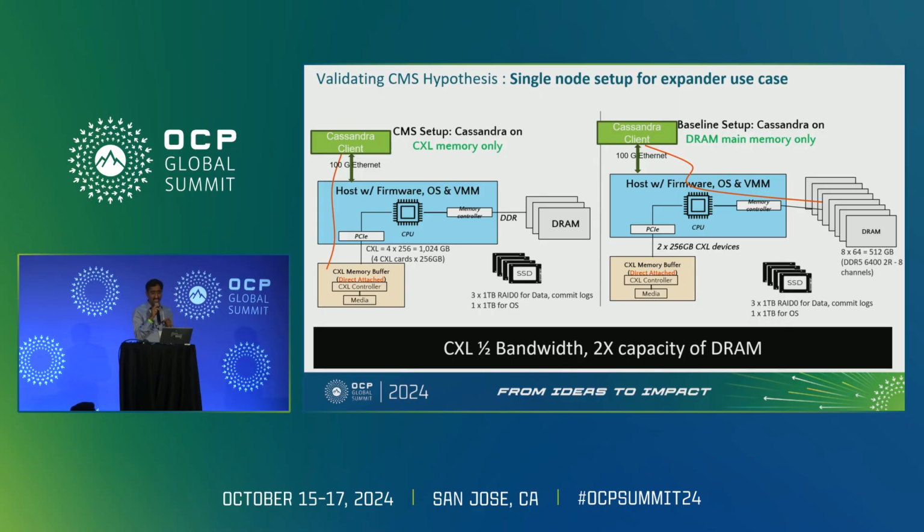And we all know CXL has a higher latency than local. So we are trying to analyze whether this workload is sensitive to latency, bandwidth, or capacity. The bandwidth is half and the latency is high. The only thing we are playing around with is the capacity, having more capacity with CXL here.